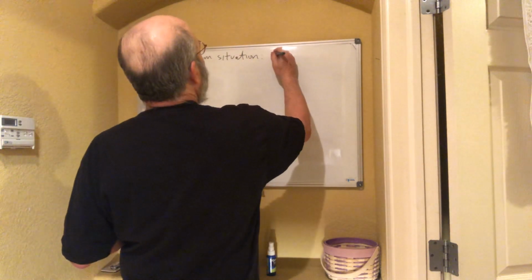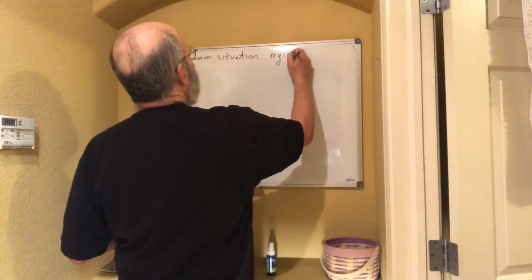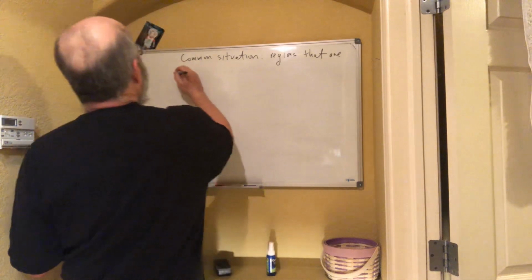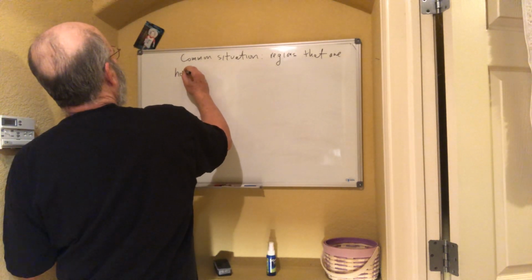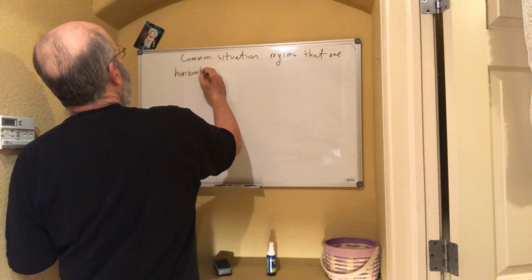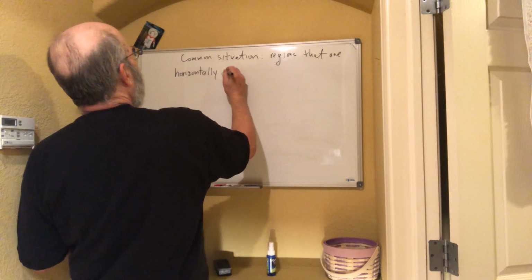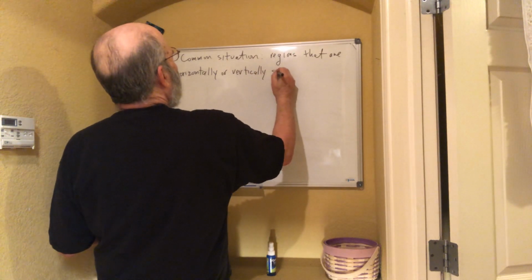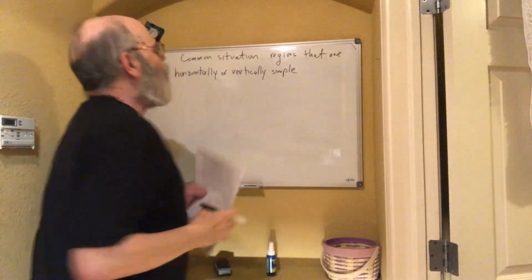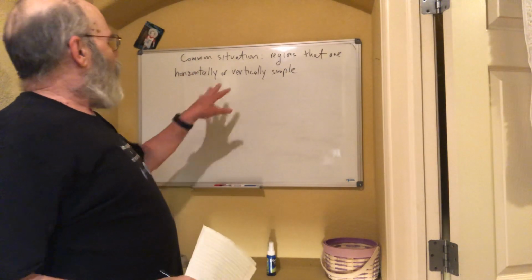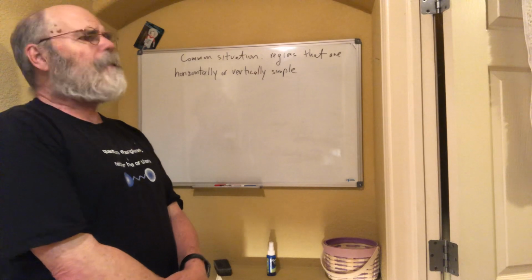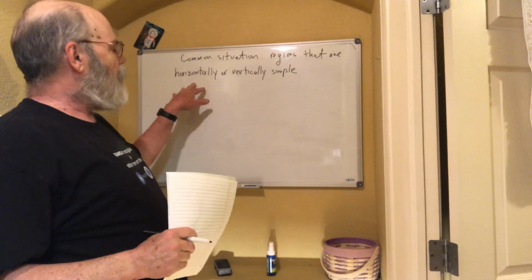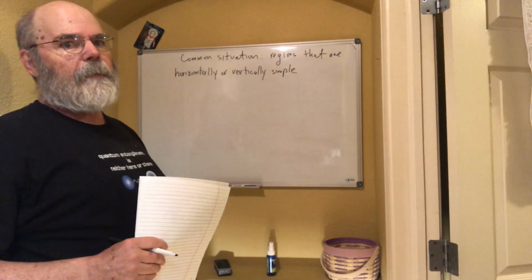We focus on particular types of integration regions, written up here. There are two subcases, and they work out about the same way. They have a certain kind of geometric simplicity that I'll show you right now, and they can be either horizontally or vertically simple.